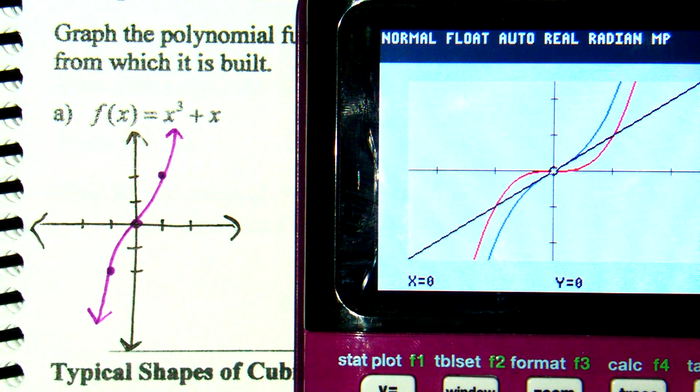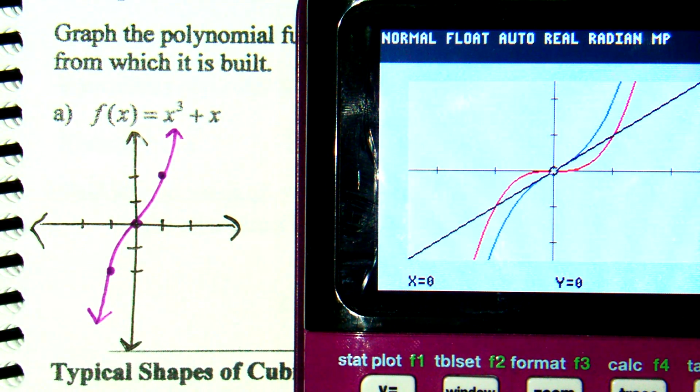Okay, so to answer my questions, first of all, extrema, what do we say about extrema? There were no extrema because there were no mins and maxes on this graph. Okay? Zeros. There's a 0 or an x-intercept at x equals 0.